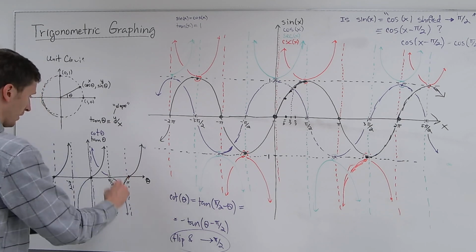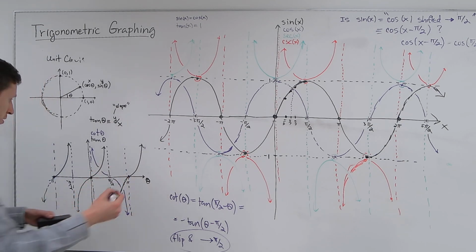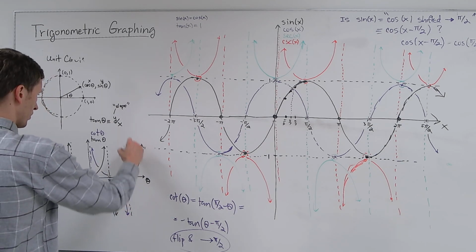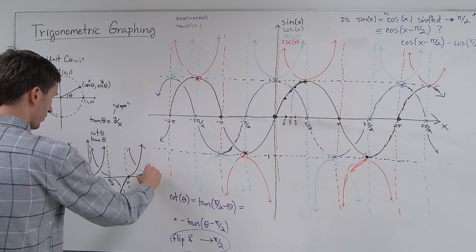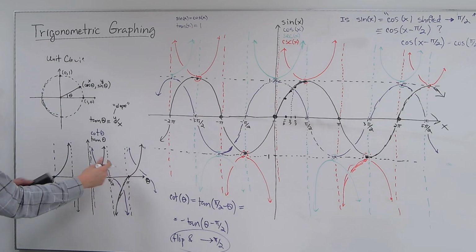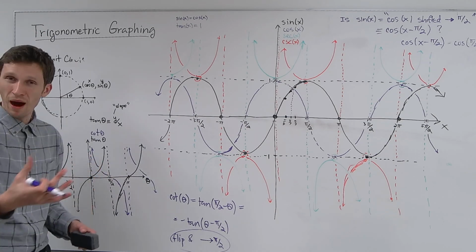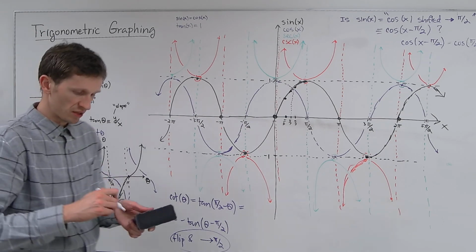And the intersections you can guess, those are pi over 4s, 3 pi over 4s, and so on. And you can actually see that the period of both of these graphs is pi. It's not 2 pi. It's pi because look at the first and second quadrants.